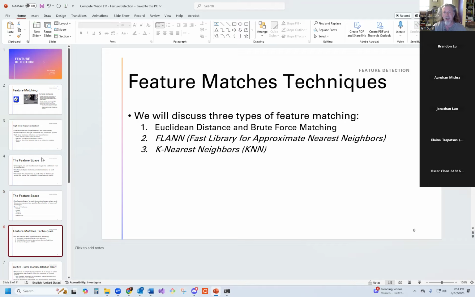The last thing we talked about before spring break and midterm and everything is that now we're going to go into detail about actual feature matching techniques.